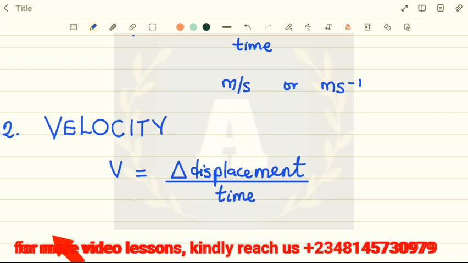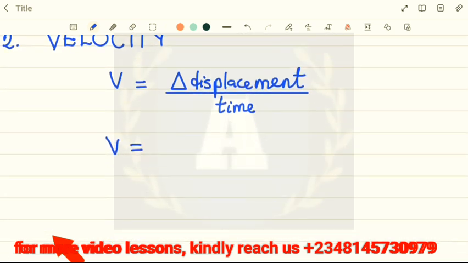Using symbols, we can represent this as velocity v is equal to the change in displacement, x minus x naught, which is the final and the initial position, all over the time represented as t.